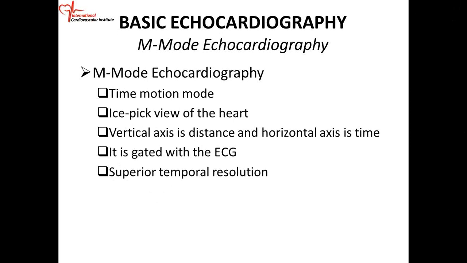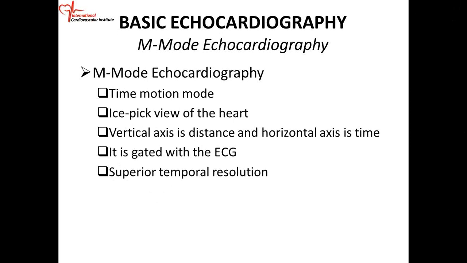When you do a two-dimensional echo, the frame rate, and when we do ultrasound physics, you'll understand this a little bit better, but the frame rate, which is the number of frames per second, for the two-dimensional echo is probably 50 to 100 frames per second. But for M mode, the frame rate can go as high as 3,000 frames per second.